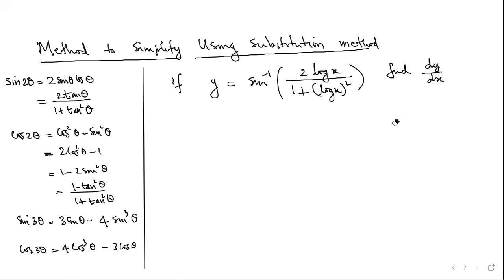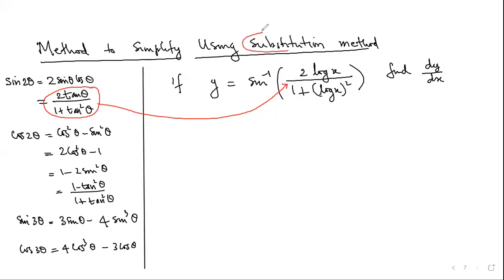It's too complicated. But if you look at this properly, you can compare this formula and this bracket. What do you notice? In place of tan in the formula, there is log x.